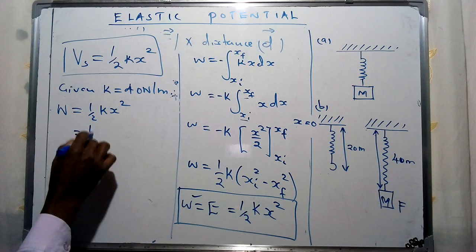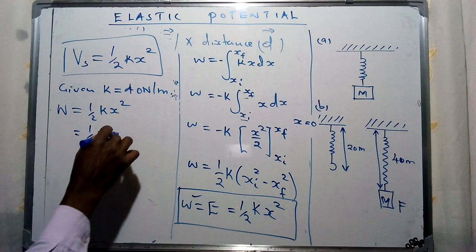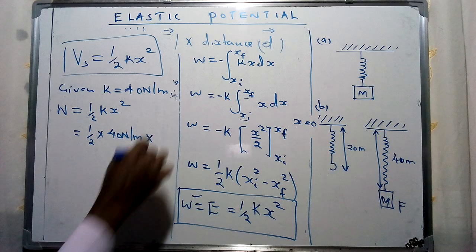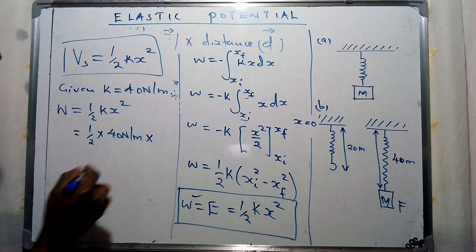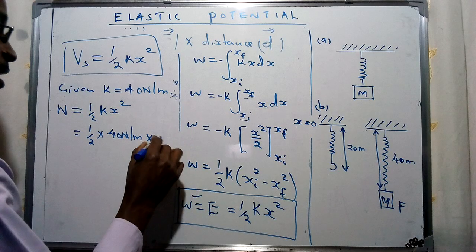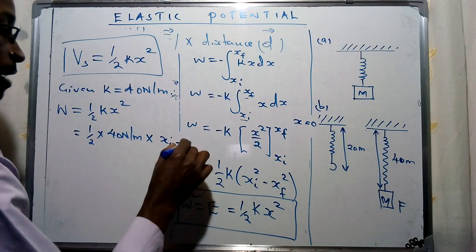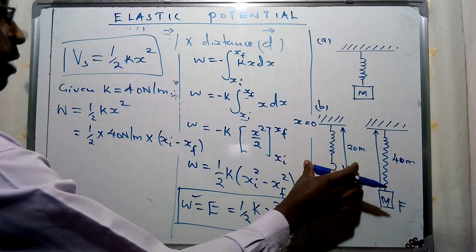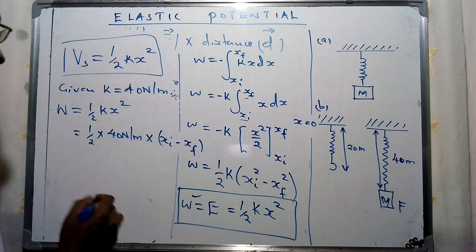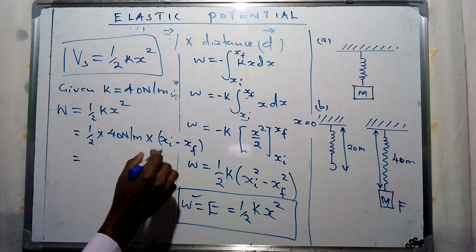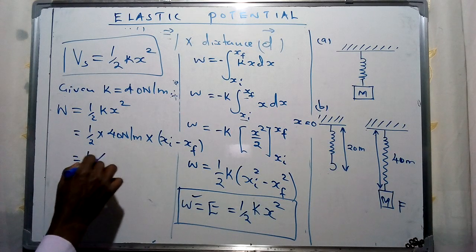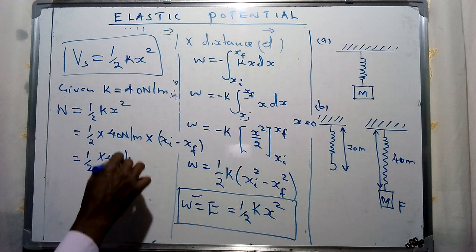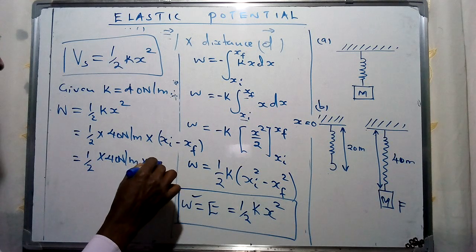This is equivalent to a half times 40 newtons per meter times the square of the distance. So this is going to be, as we said, the value over x initial minus x final given as such. And the difference between this one, of course, we're going to find an absolute value of 20. So therefore, this is going to be a half times 40 newtons per meter times 20 meters.